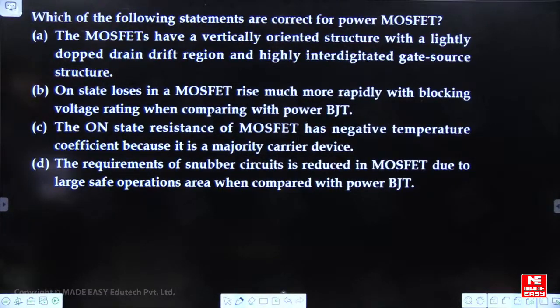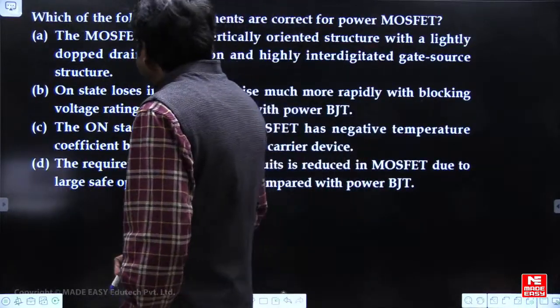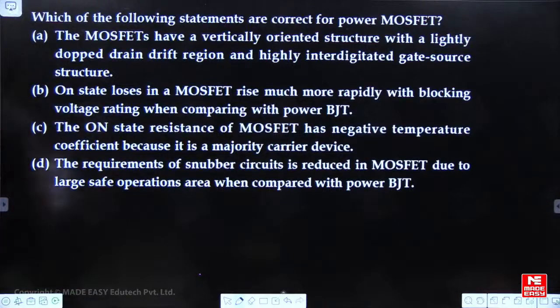The MOSFET has a vertically oriented structure with lightly doped drain drift region and highly interdigitated gate cathode structure. Is the first statement true or wrong?